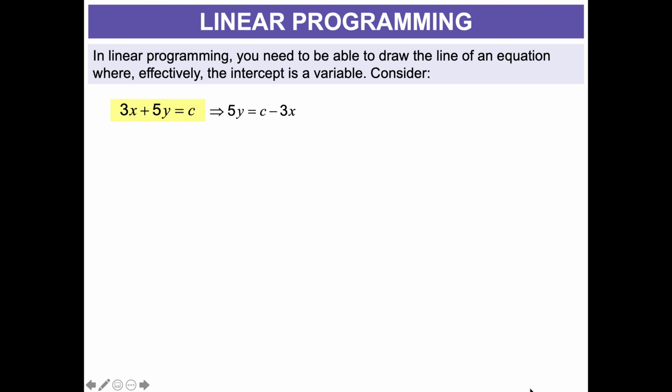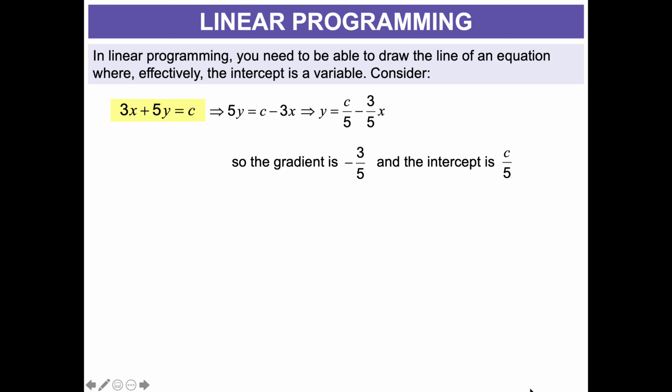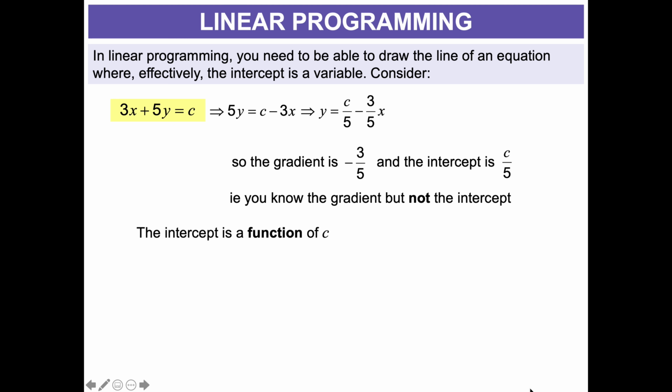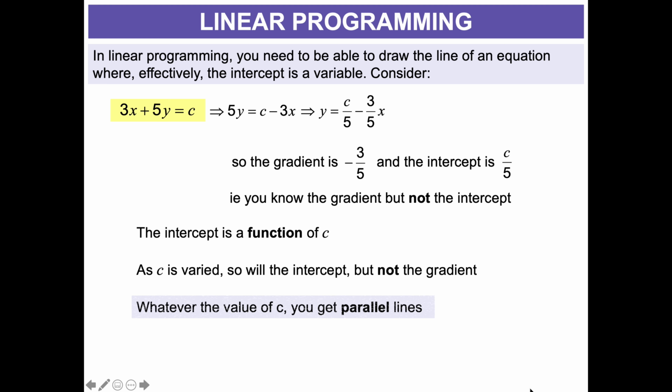You can express it in gradient-intercept form: the gradient is negative 3 over 5 and the intercept is c over 5. The gradient you know, but the intercept you do not know because it's a function of c. As c varies, so will the intercept, but the gradient stays constant.